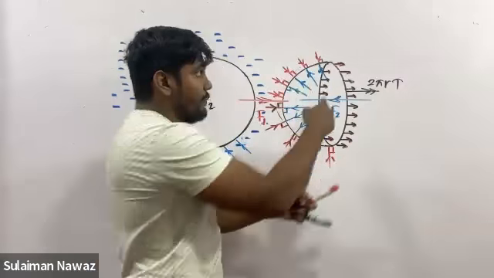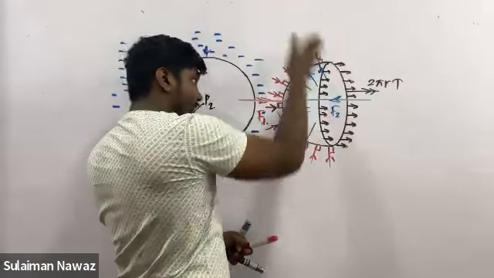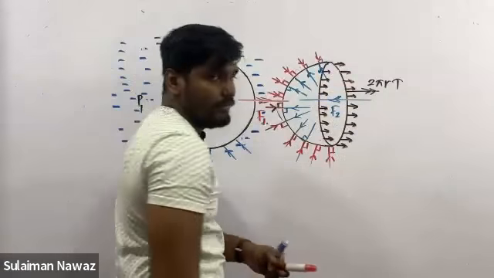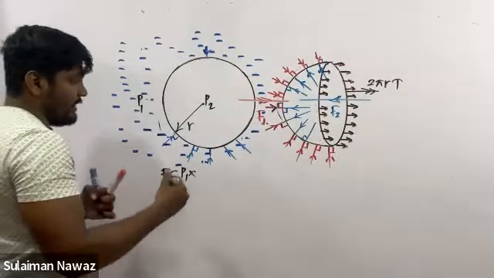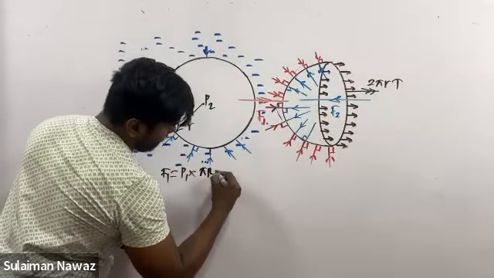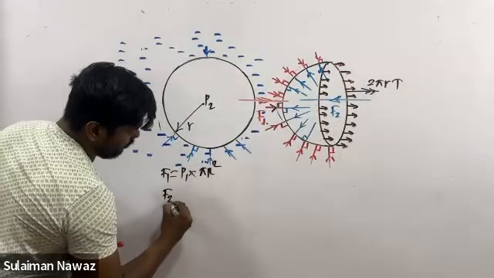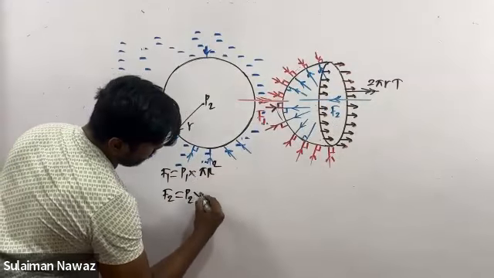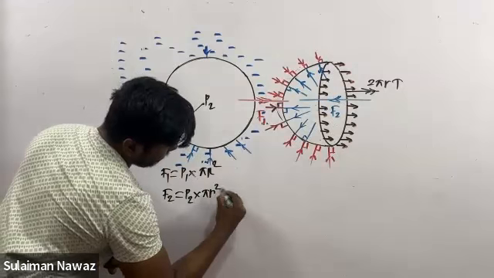Then the effective area is the cross-sectional area of this air bubble, pi r squared. Therefore F1 is P1 into pi r squared. In a very similar manner, F2 will be P2 into pi r squared.